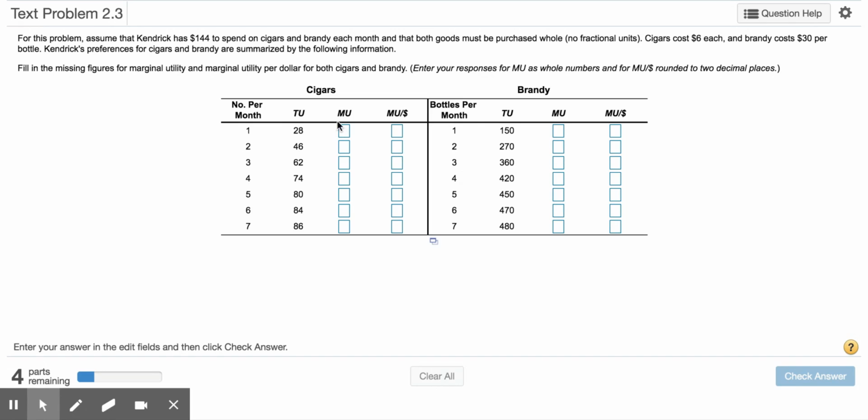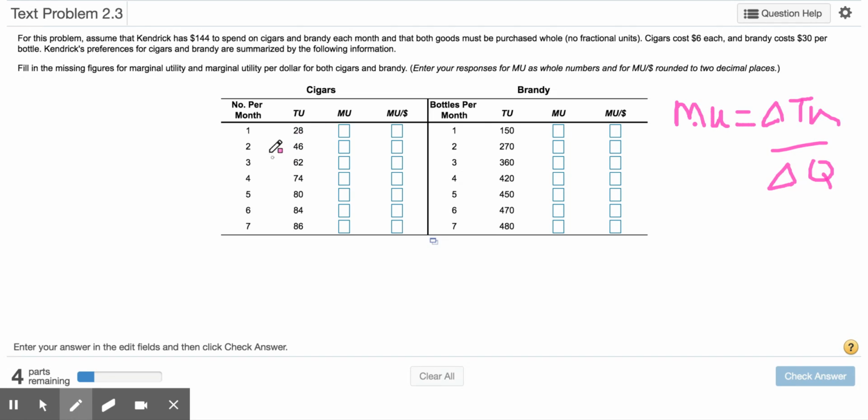To calculate the marginal utility, remember that marginal utility is the change in total utility over the change in output. It tells you how much additional utility each additional unit will give you.